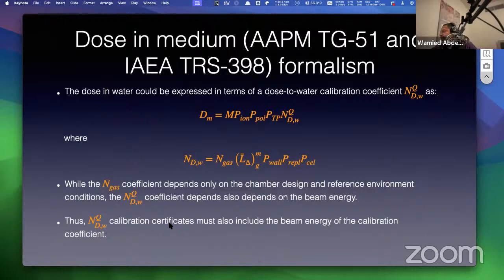Usually, they take a reference beam, cobalt, so they will give you an N_DW for cobalt. The nice thing is it's very simple. If we have a cobalt beam and we want to know the dose, all we need to do is multiply the signal, corrected for temperature and pressure, ion recombination and polarity, by this one single factor.